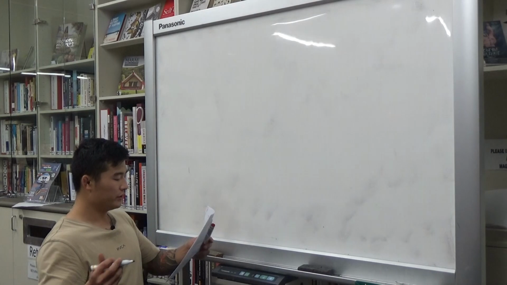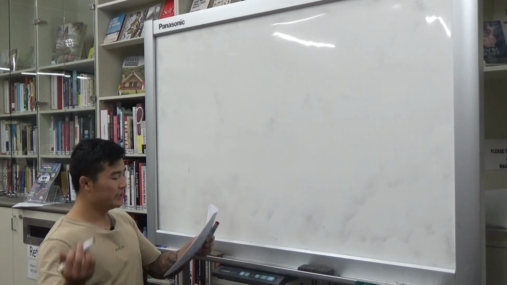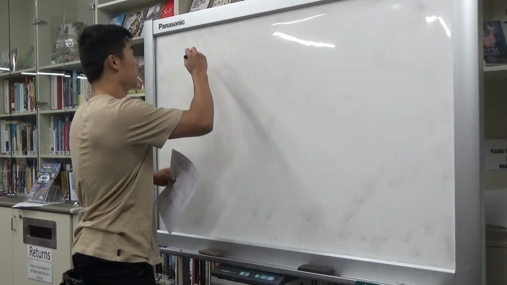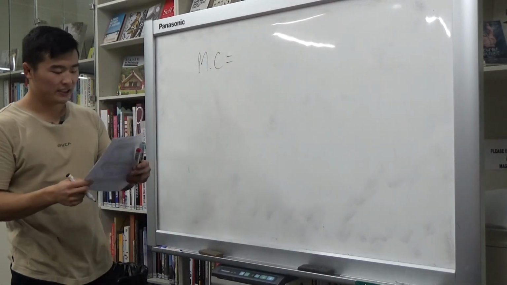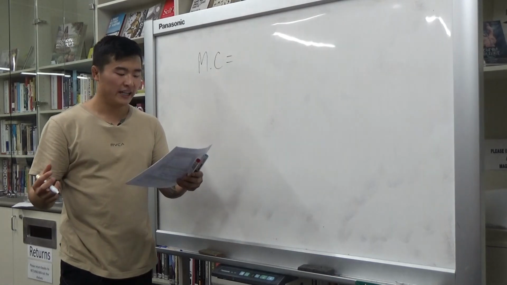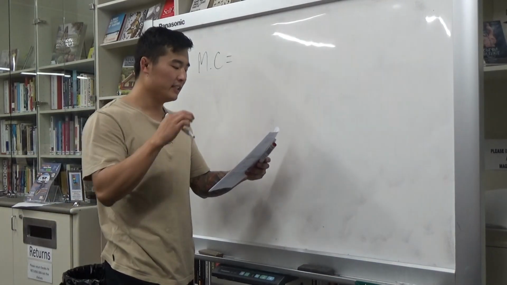So first of all, you need to find out the moisture content in this room. The moisture content can be worked out from the mass of water vapor and the mass of dry air.